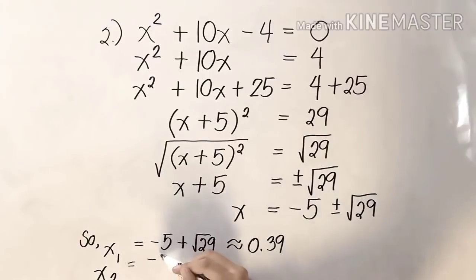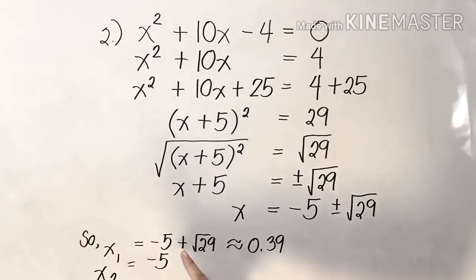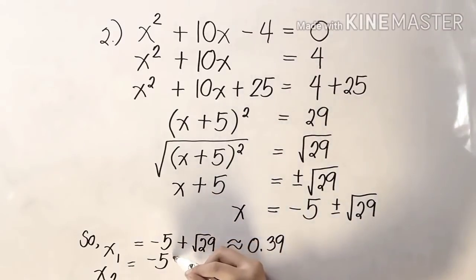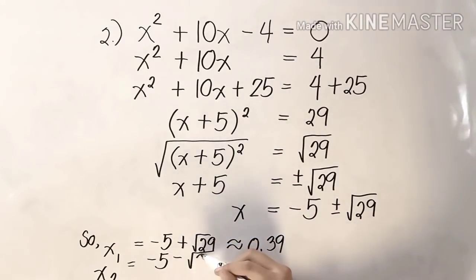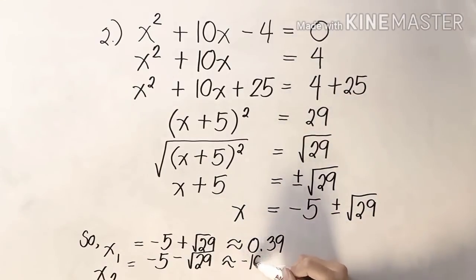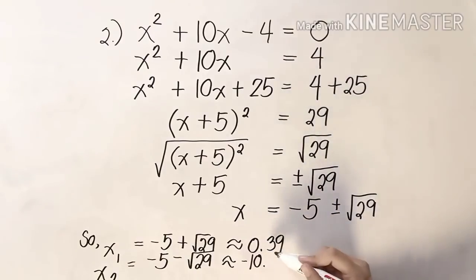And x sub 2 is negative 5 minus the square root of 29, taken from the plus or minus, so x sub 2 is minus, which is approximately negative 10.39.